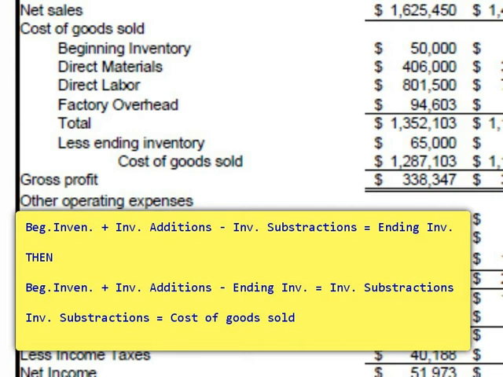So we add beginning inventory plus direct materials plus direct labor plus factory overhead, and from that we subtract the ending inventory, and that gives us the cost of the goods sold.